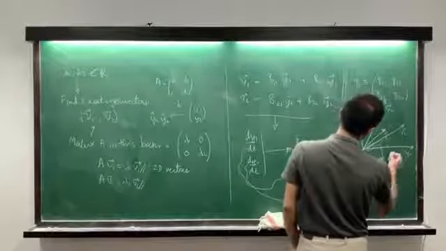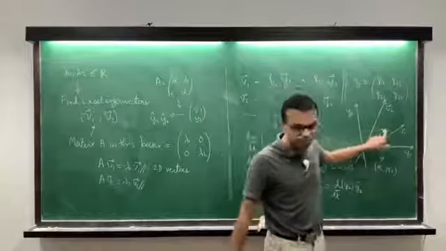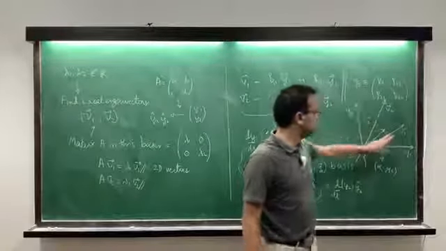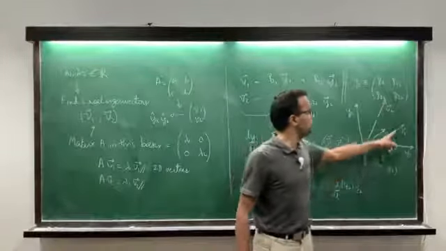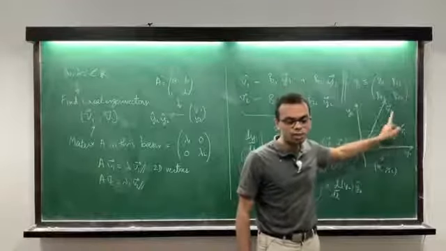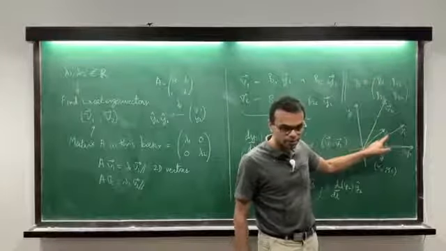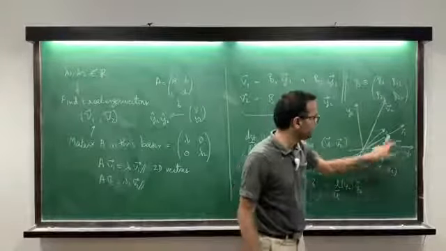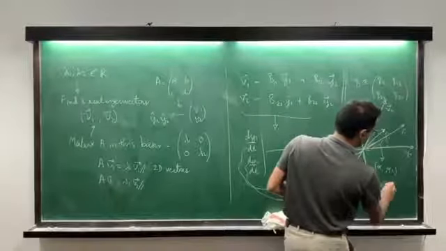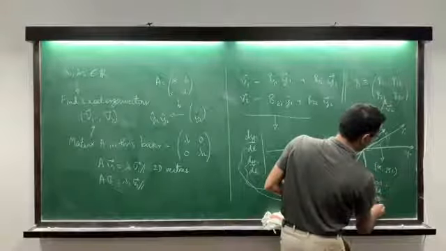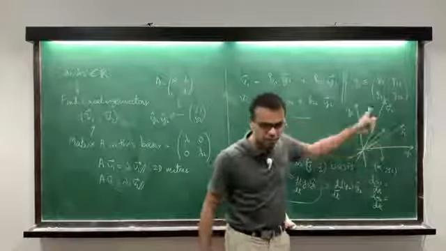Say this is my starting point, and the trajectory is going like this. So far I've been using this coordinate system to describe the trajectory. Now if I use this oblique coordinate system, they are not orthogonal, but I can still use it. I'm going to get alpha 1, alpha 2 as the components along each of these, and then I will get d alpha 1 by dt and d alpha 2 by dt. That will be the parametric equation of the trajectory curve.